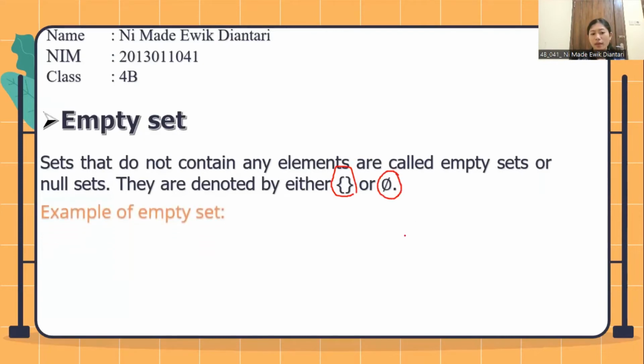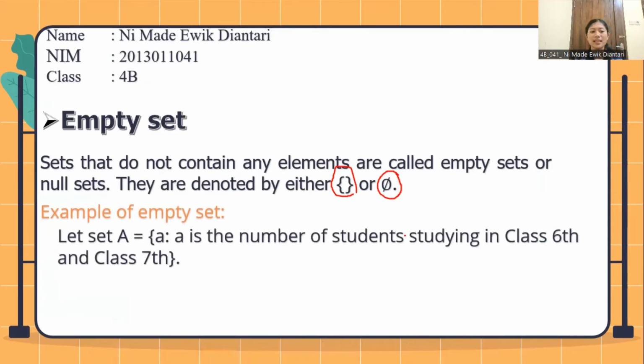Example of empty set. Let's set A, which contains the elements: A is the number of students studying in class 6 and class 7. As we all know, a student cannot learn in 2 classes. Therefore, set A is an empty set.